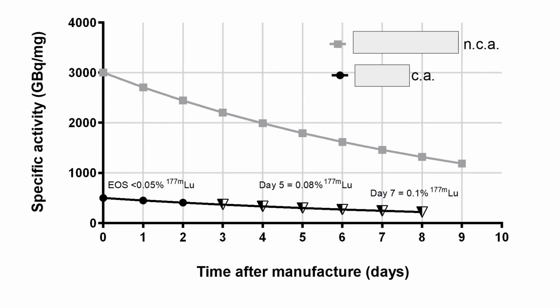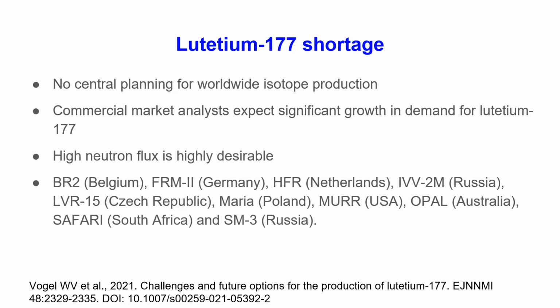Just to mention, you will see the amount of specific activity in gigabecquerel per milligram is way higher in the non-carrier added products currently available compared to the carrier added. So there is a big difference, and that also influences how long you can use this therapy and all the other implications of how strong the therapy is.